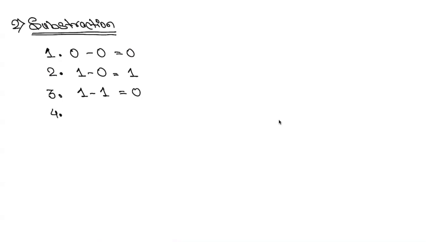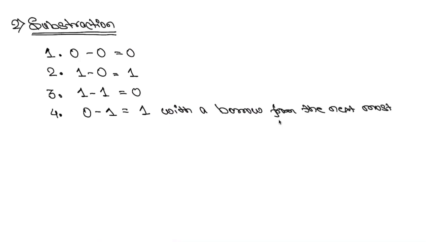फोर्थ वाले में वी हैव टू सी 0 माइनस 1, it becomes 1 with a borrow from the next most significant bit. बस बेसिक यही याद रखना है.